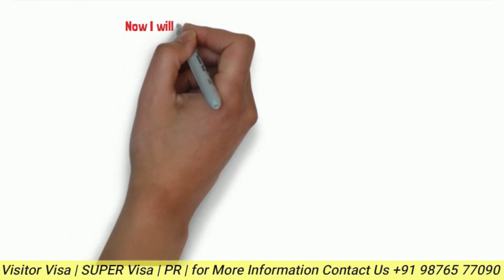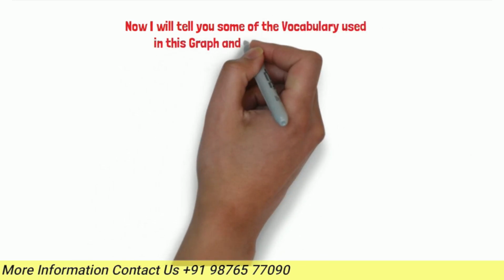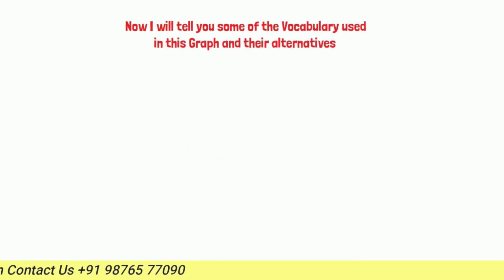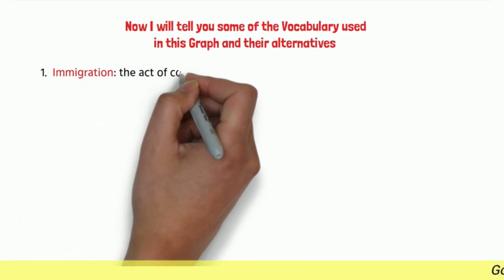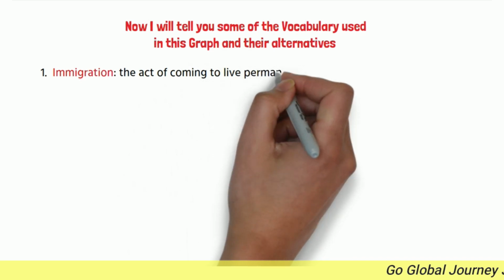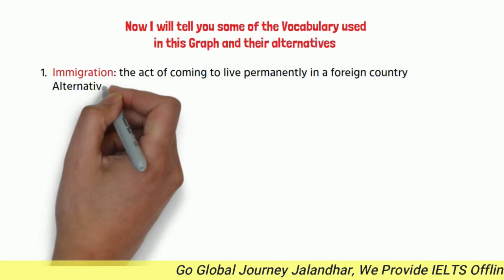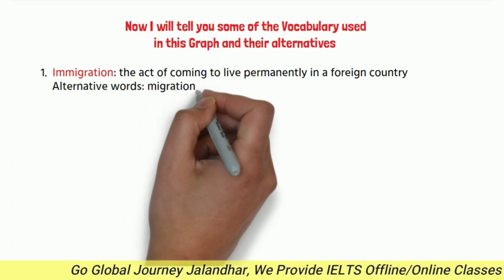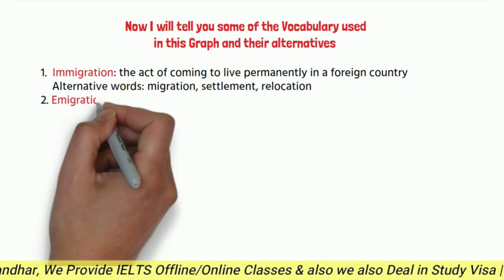Now I will tell you some of the vocabulary used in this graph and their alternatives. Number 1. Immigration. The act of coming to live permanently in a foreign country. Alternative words: migration, settlement, relocation. Number 2. Emigration.